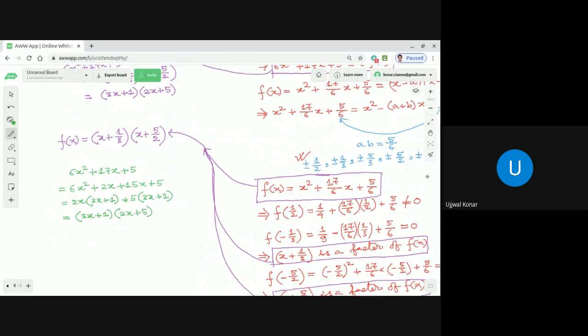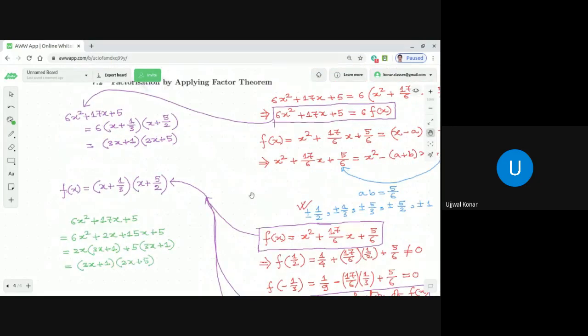See how efficiently we are able to factorize it by splitting the middle term. We got the same result. But as I said a few minutes back, now we are going to see one example where application of the factor theorem is efficient, and we'll see it now.